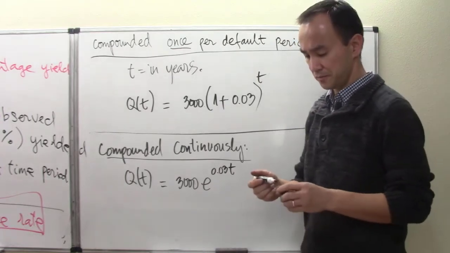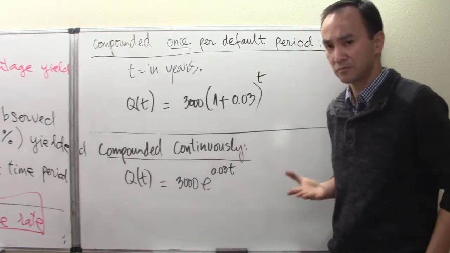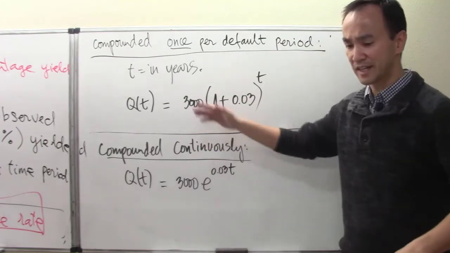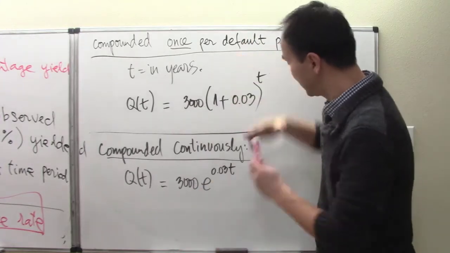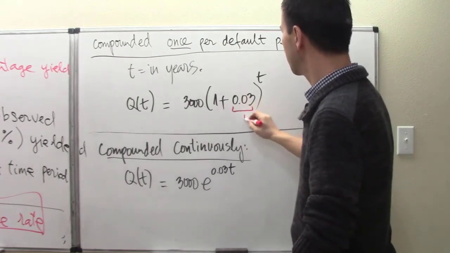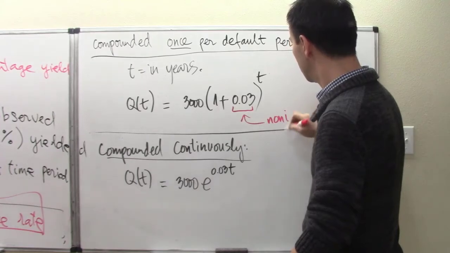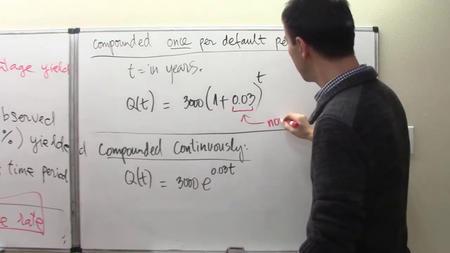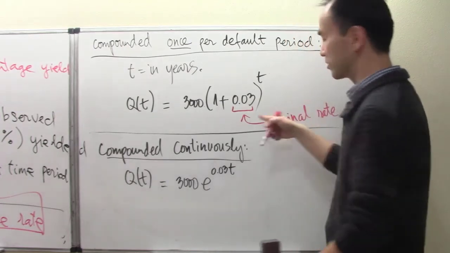But back to what I was pointing out about why does it matter. Why is it important to make a clear distinction between these? So yes, this version here, I just now introduced that term, this is the nominal rate, because it's the rate given in the problem.